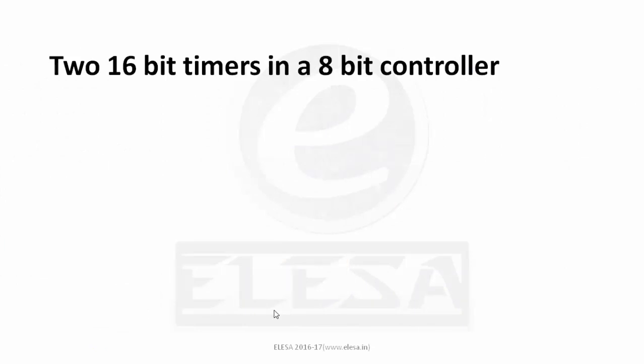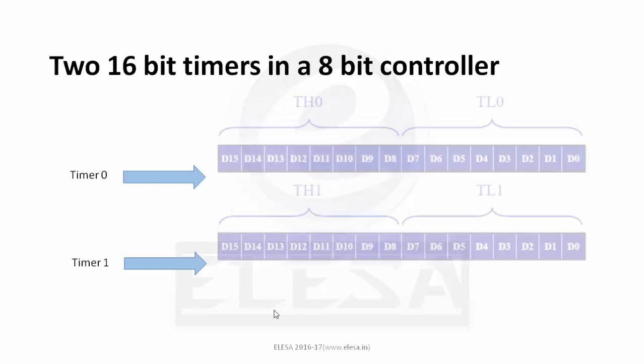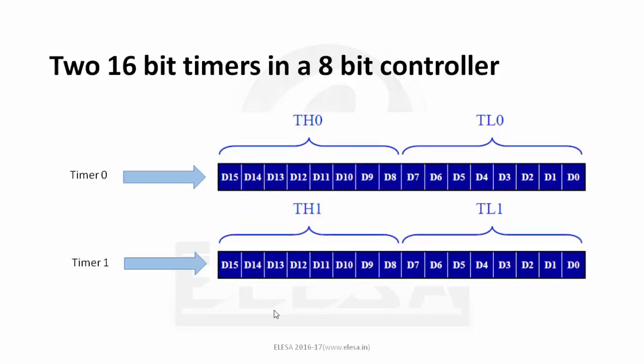Now there are two timers in 8051 controller. They are 16-bit timers. A question arises: how is a 16-bit timer associated with an 8-bit controller? The designers of 8051 controller were very smart. What they did to increase the capability of 8051 is divide this 16-bit timer into two registers of 8 bits independently.